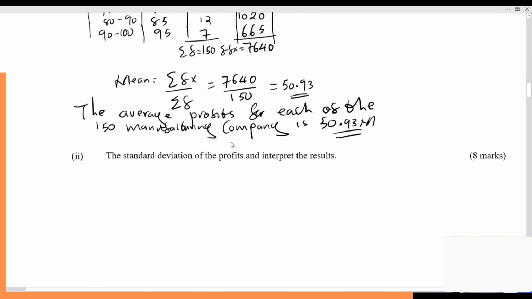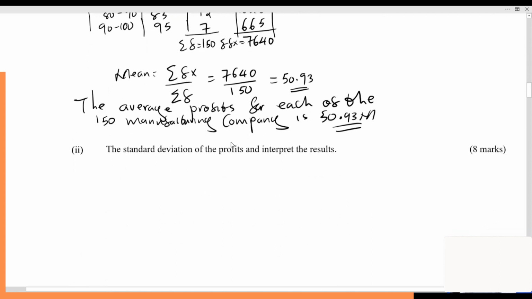We move on to the next question, which has 8 marks. You are told to determine the standard deviation of the profit and interpret the results.